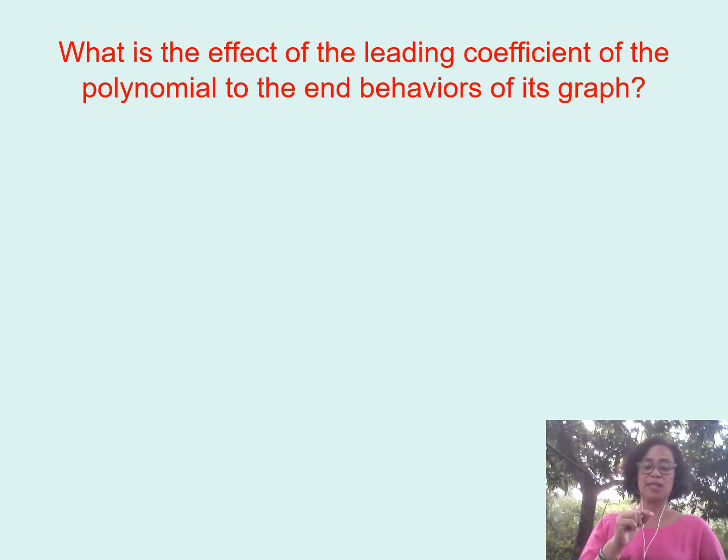Okay, so for example, if I have this graph, it actually has two ends, the start and the end. So those are the ends of the graph, the start and the end. So this is the start and it ends here.